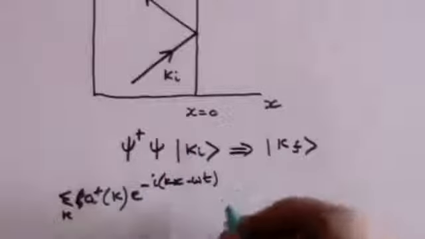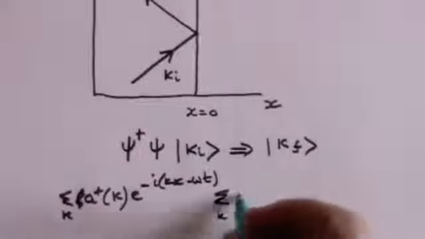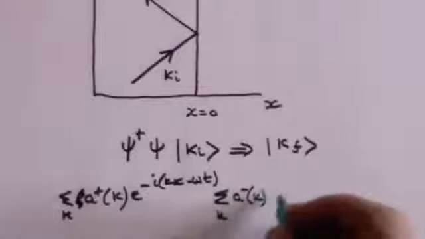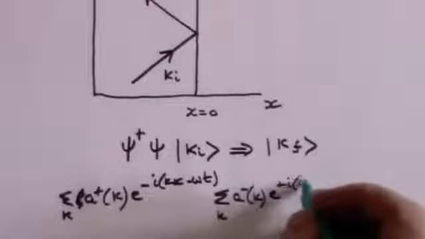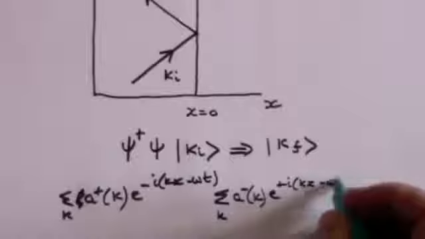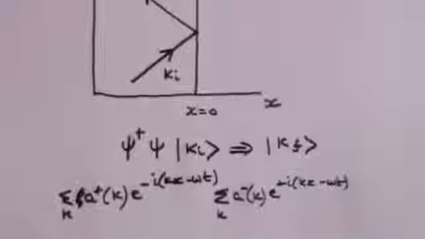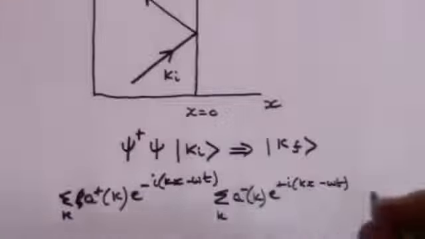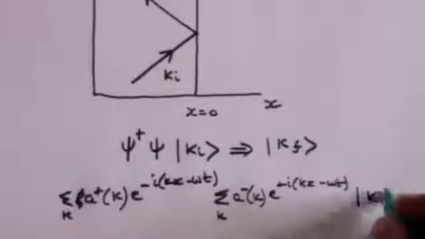And this psi will be the sum over k of a minus k e to the plus i(kx minus omega t). And that will all act on the state ki.